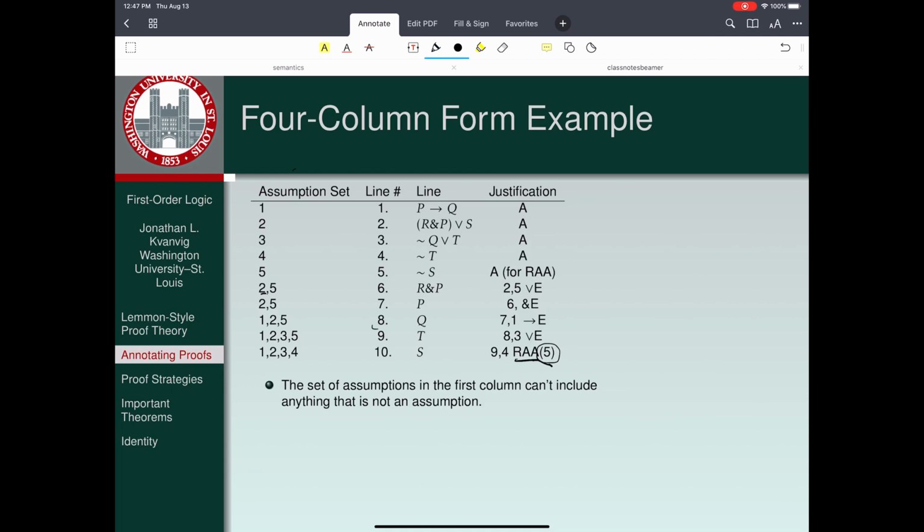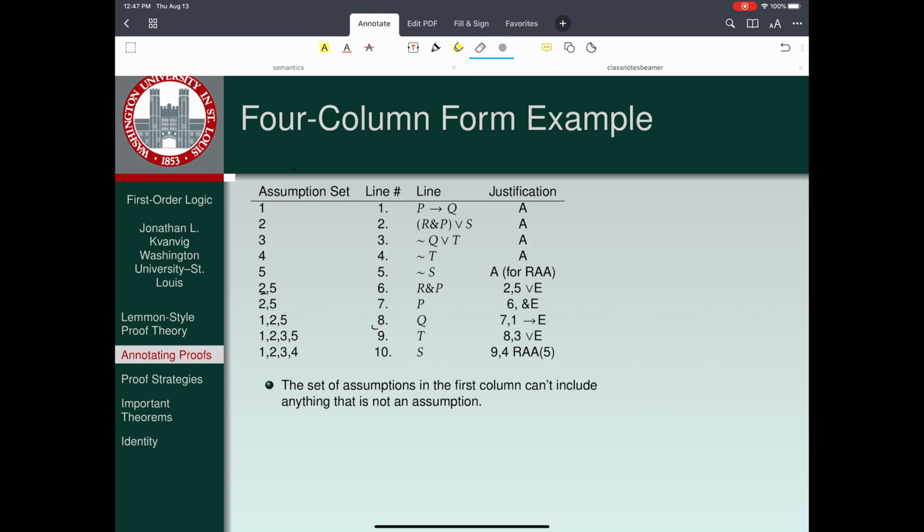The rule then has to have some premises that justify the use of the rule and a discharge assumption noted as well. What we do when we have a discharge assumption is we look at the lines that are used at that step in the proof.